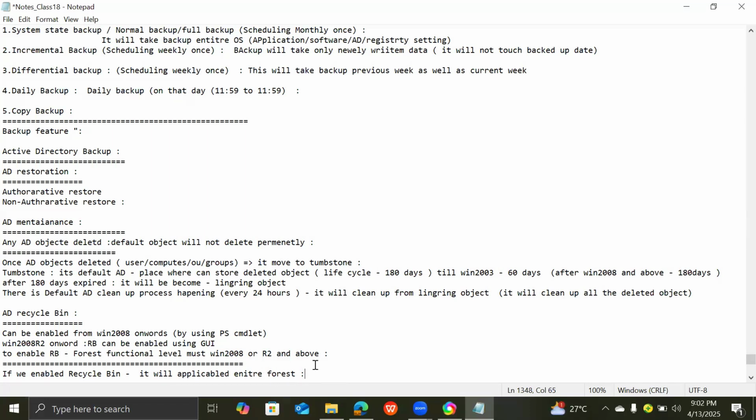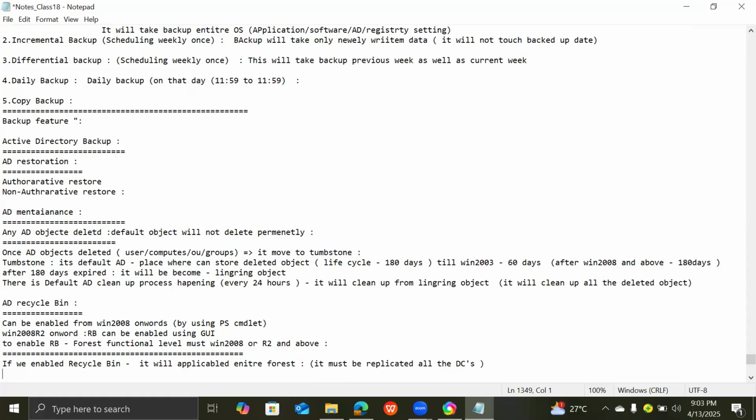To be applicable to the entire forest, it must be replicated to all the domain controllers, and the replication must be healthy. Okay, this is the prerequisite.